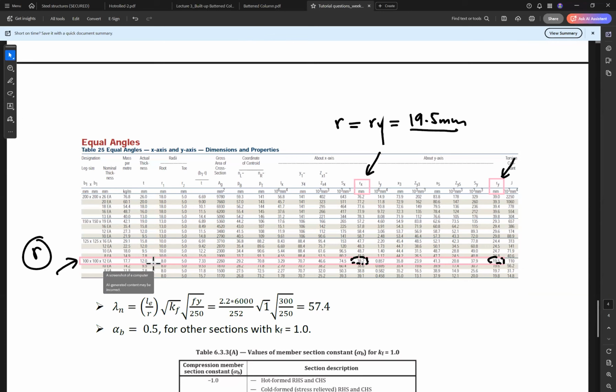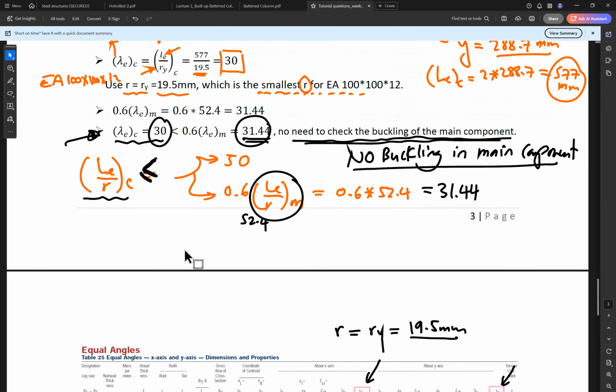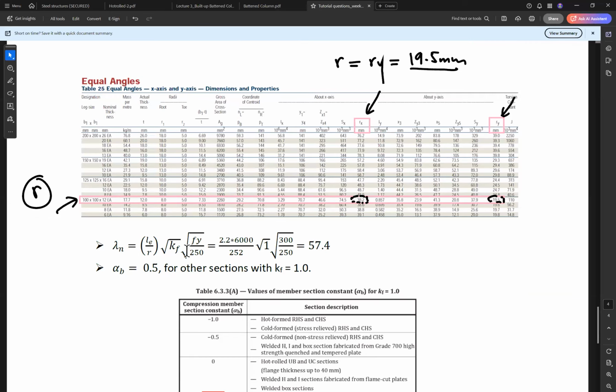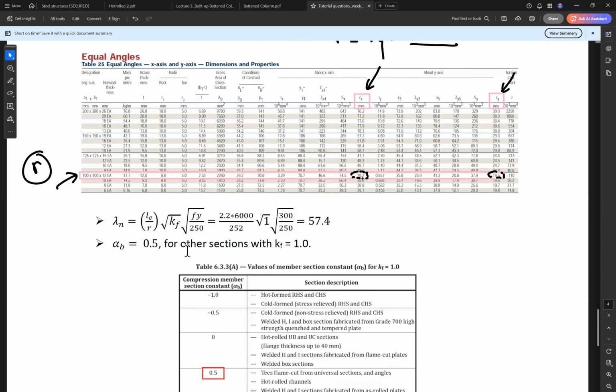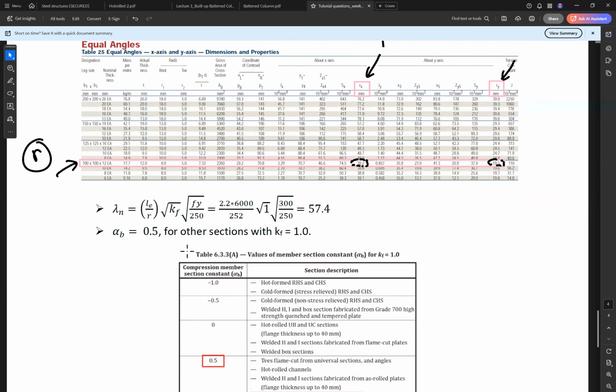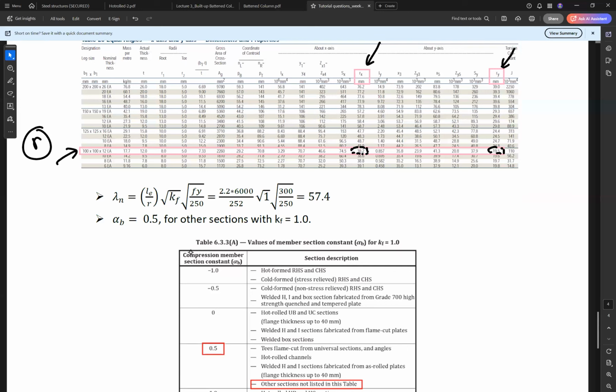So after we got the value for the slenderness ratio for the component, and we checked everything is okay, now we can find lambda n.